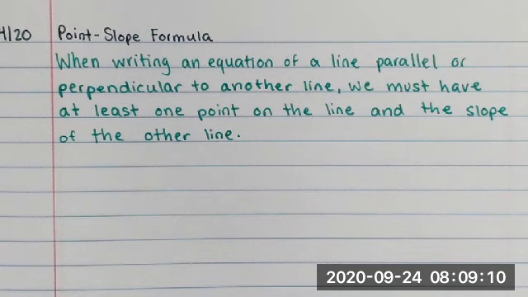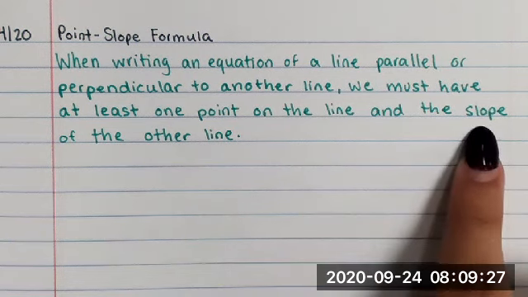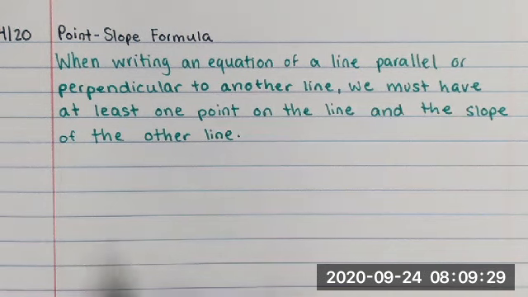So when we're writing the equation of a line parallel or perpendicular to another line, we need those two things. We need a point and we need a slope. We cannot write that equation if we don't know those two things, because in order to determine a line that's parallel or perpendicular, we need that slope, because parallel lines have the same slope and perpendicular lines have the opposite reciprocal.